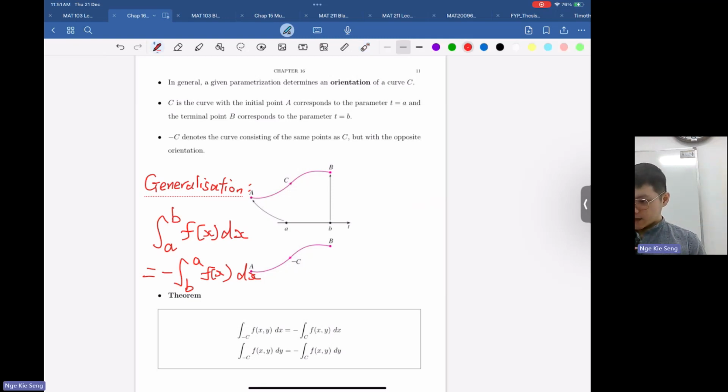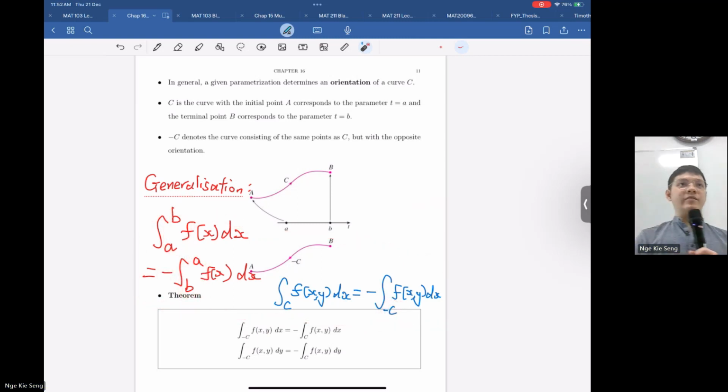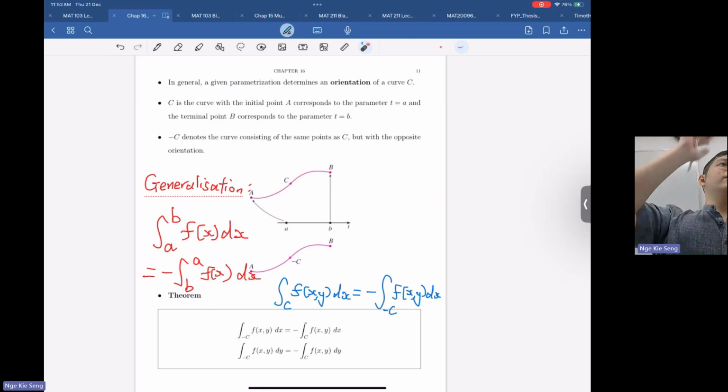So in this way, I can write that a line integral is equal to the minus of the line integral over the different orientation. Can you see the similarity between these two equations here? I put a minus and then I swap the order. I swap the orientation of my curve. So this tells you how you go forward and backward between line integrals that have different orientation.